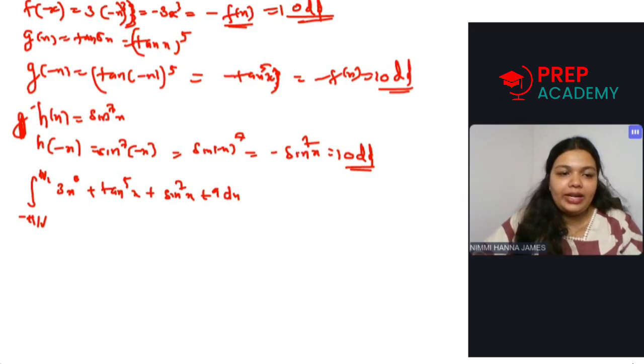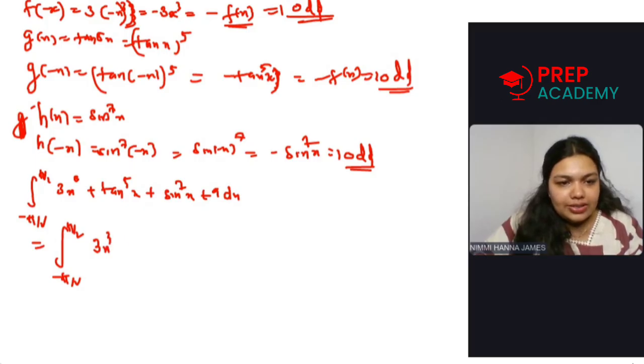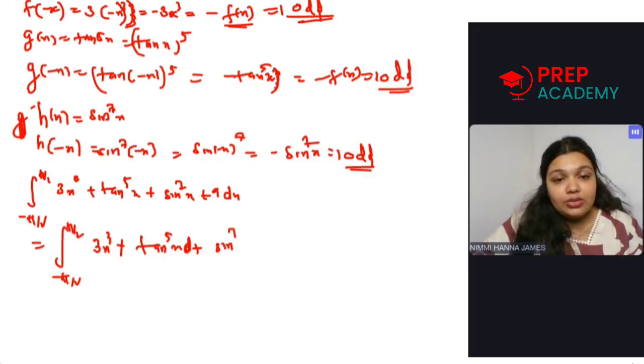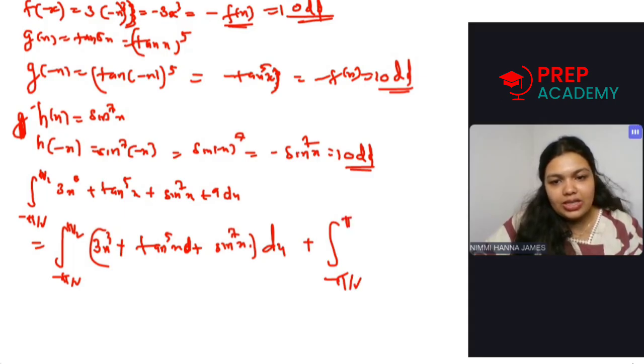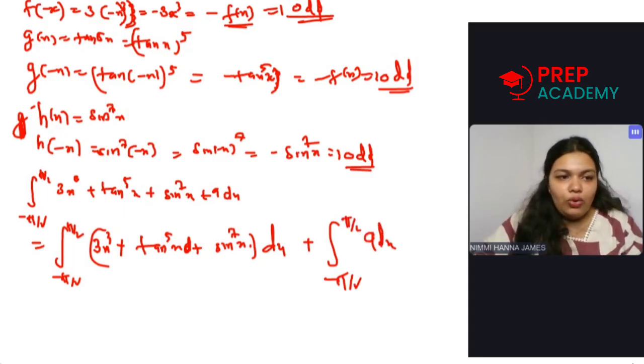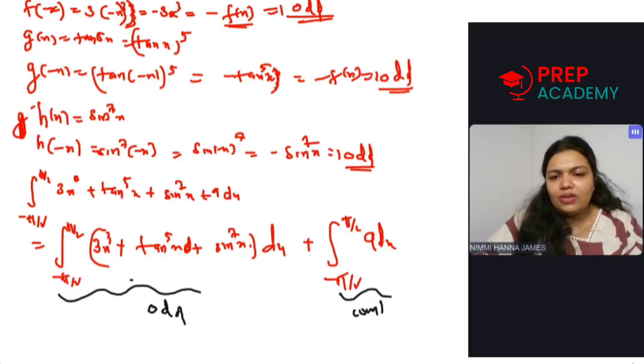I'm separating them: the integral from minus pi by 2 to pi by 2 of 3x cube plus tan raised to 5x plus sine raised to 7x dx, this is one function, plus again the integral from minus pi by 2 to pi by 2 of 9 dx. We can do it like that. So in this case, this is an odd function, this is a constant function.